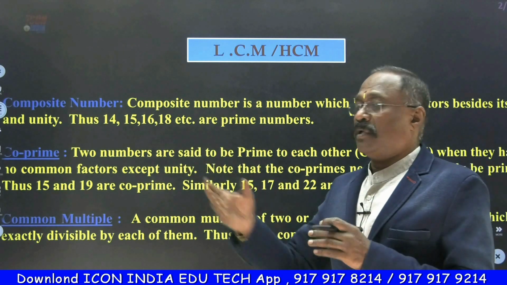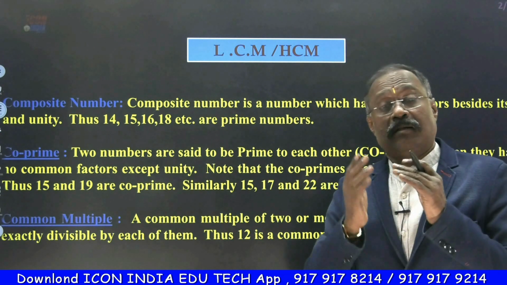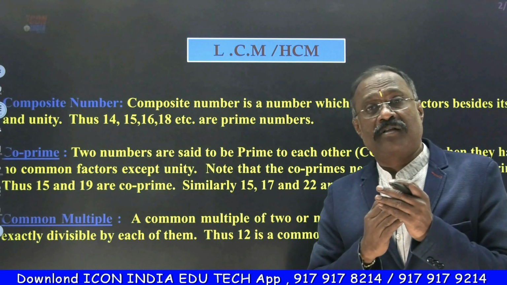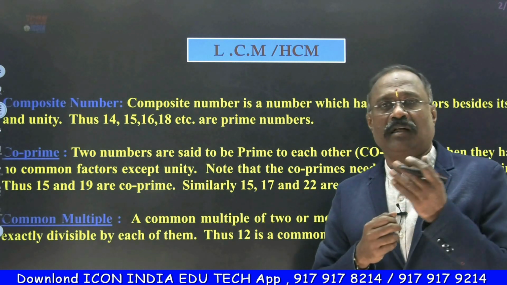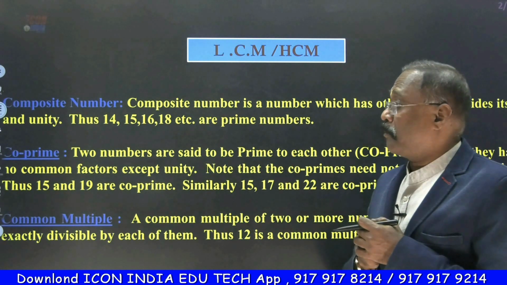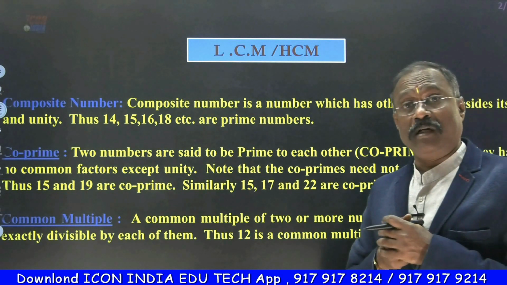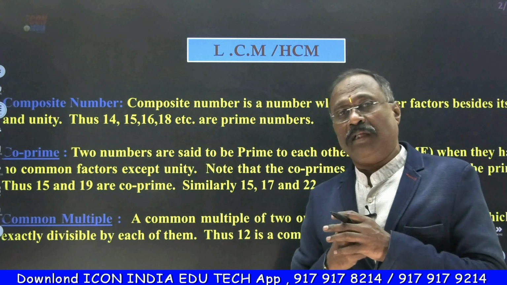So these numbers which have factors other than unity and the number itself are said to be composite numbers.